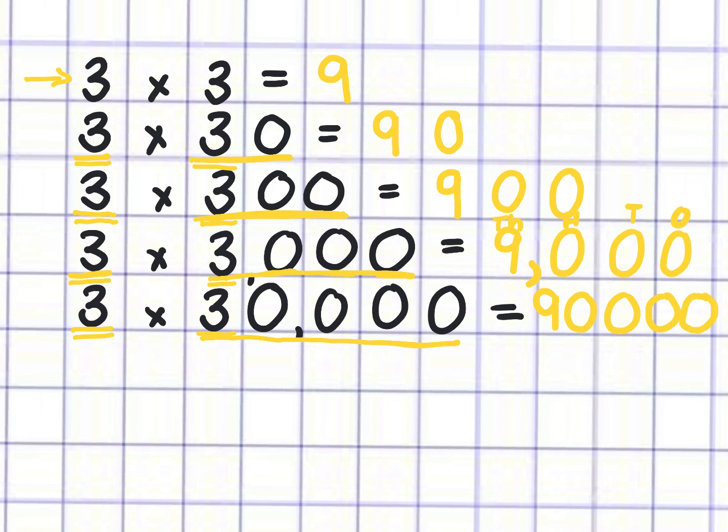Again, making sure with the groups of 3s with my 1s, my 10s, my 100s, my 1000s, and my 10,000s, I'm grouping those numbers correctly. That way, I'm able to work out where my comma needs to go.